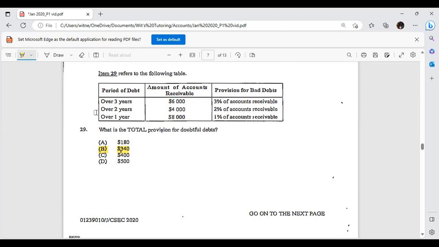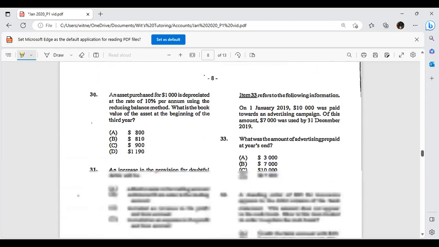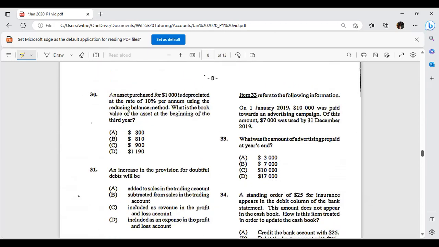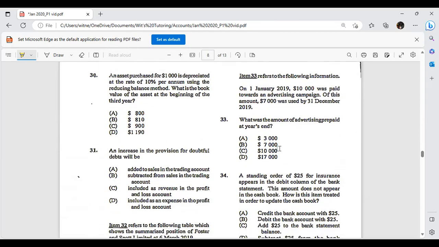For the debts over 2 years, you're providing 2%, and you realize that the longer you have the debt, the higher the provision for bad debt, because the greater the chances that you will be collecting less money. Because the longer somebody owes you, the greater the chance you're not going to get back all your money.